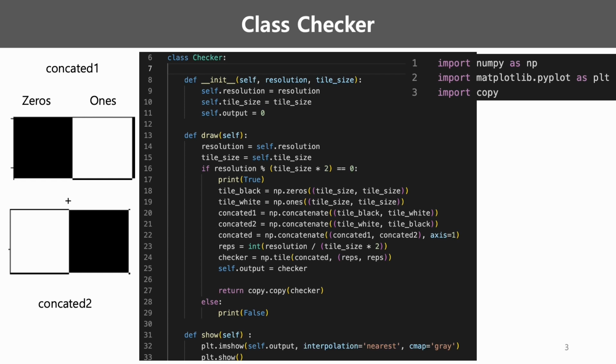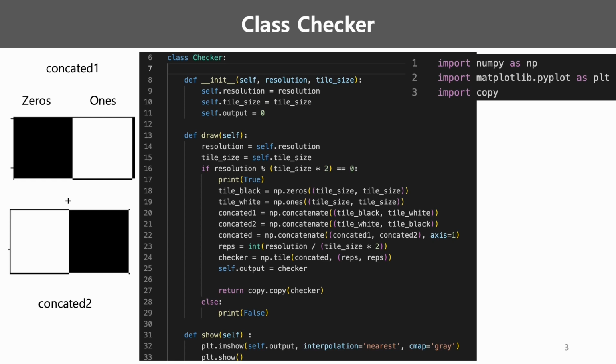The draw method creates the checkerboard pattern. It checks if the resolution is divisible by double the tile size. And then, as you can see on the left side, I create tile black and tile white representing the black and white tiles, and concatenate tile black and tile white to create concatenated 1, and concatenate tile white and tile black to create concatenated 2.